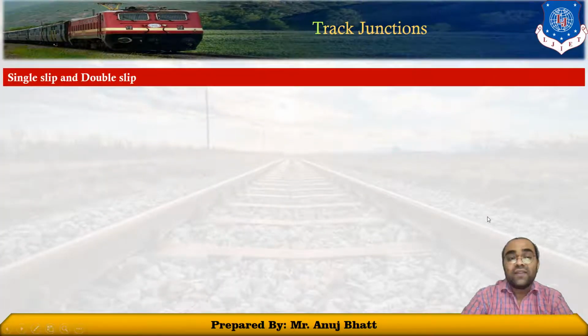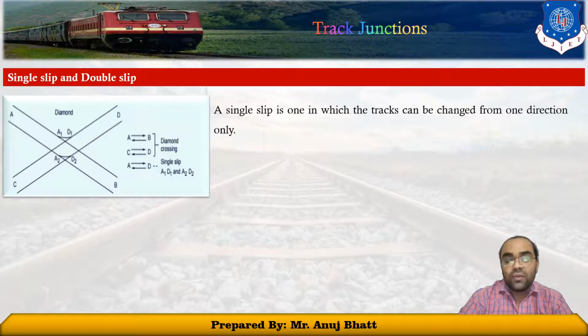The next one is the single slip and the double slip track junction. The single slip is one in which the track can be changed from one direction only. Means we can only change the track from A to D or D to A as shown here.